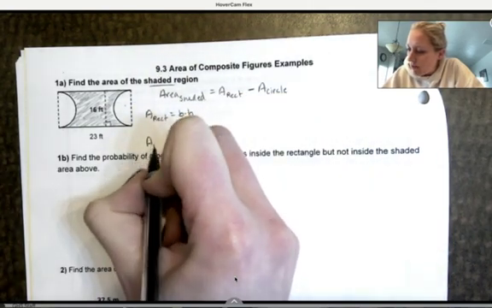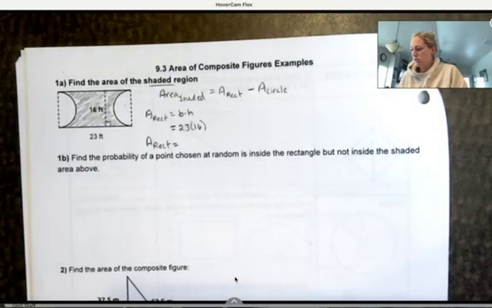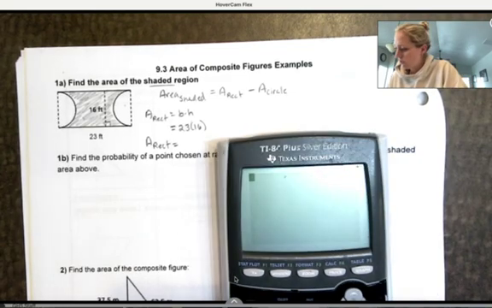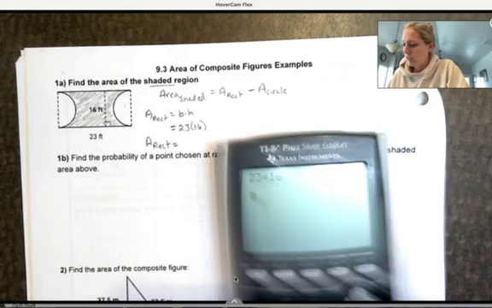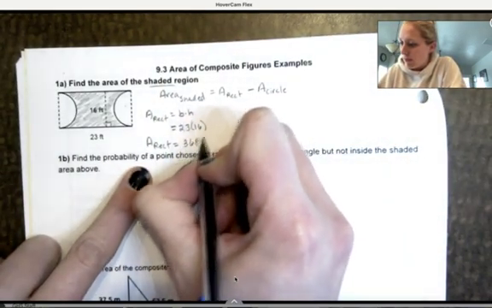So the area of the rectangle, pull my calculator here. So we're going to do 23 times 16. And we get 368, and this is in feet, so it's going to be square feet.